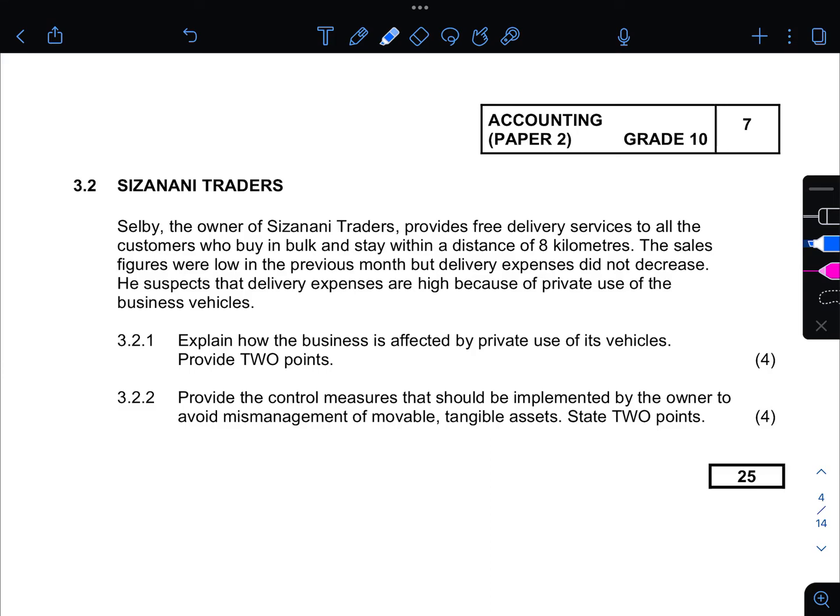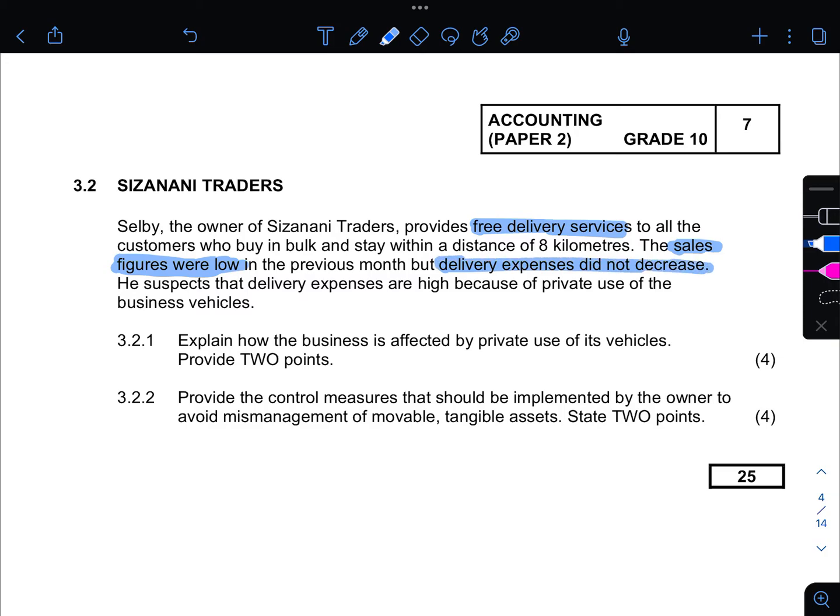So, if we analyze this scenario, it says they provide free delivery services to all customers who buy in bulk and stay within a distance of 8 kilometers. Now, the sales figures were low in the previous month, but delivery expenses did not decrease.